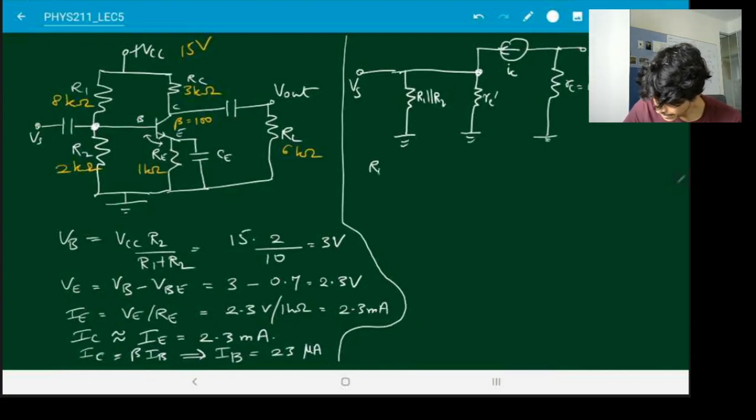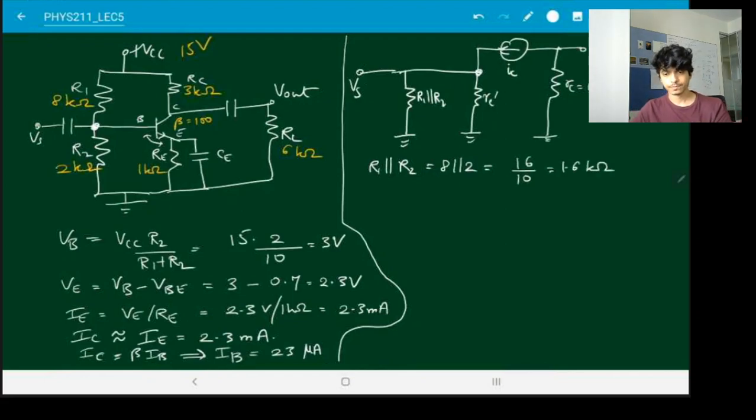So R1 parallel R2 is what? 8 parallel 2, which is 16 over 10, which is 1.6 kilo ohms. The AC collector resistance RC is, what is RC and RL? 3 and 6. So 3 parallel 6, 3 times 6 18, 3 plus 6 9, so this is 2.